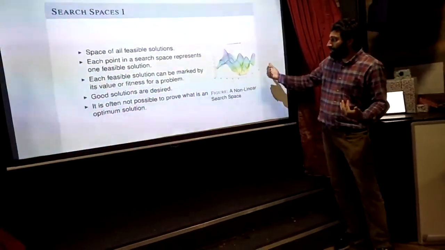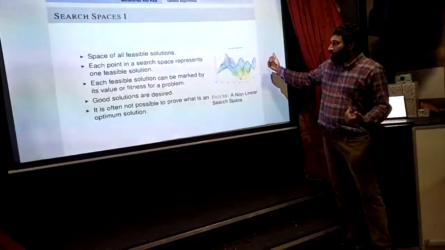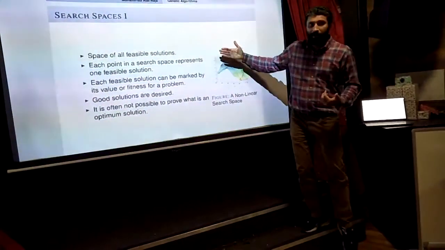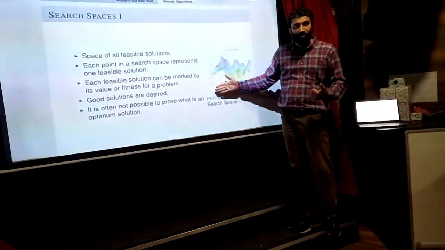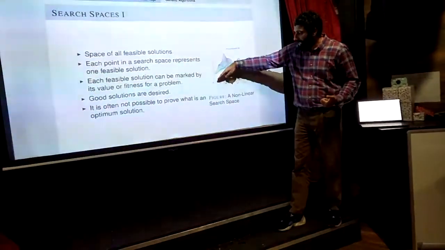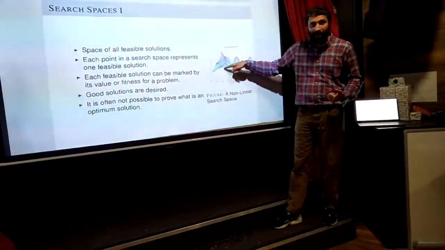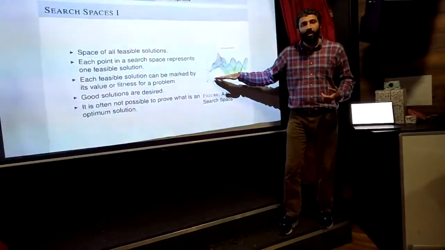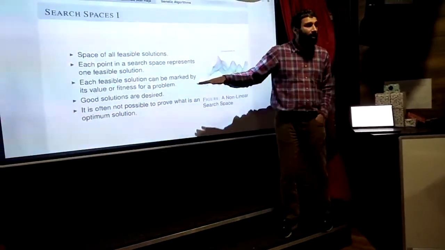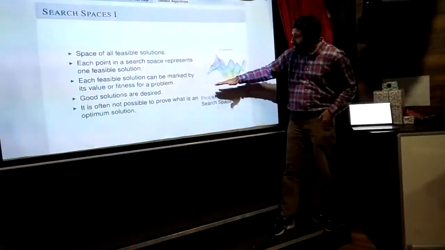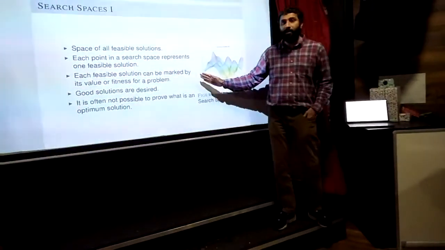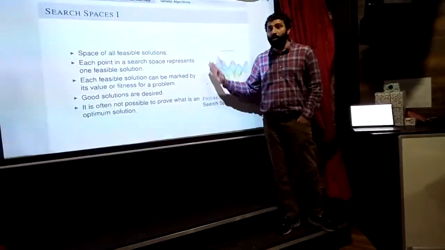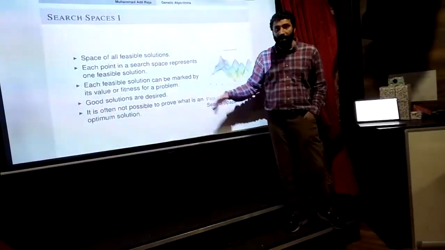However, in a mathematical sense, for instance, over here we have, let's say, the z-axis, which is a fitness axis, and over here we have the x-axis and the y-axis, and these are axes corresponding to the solutions. So our solutions lie in the xy plane, whereas the fitnesses of the solutions lie along the z axis, right?